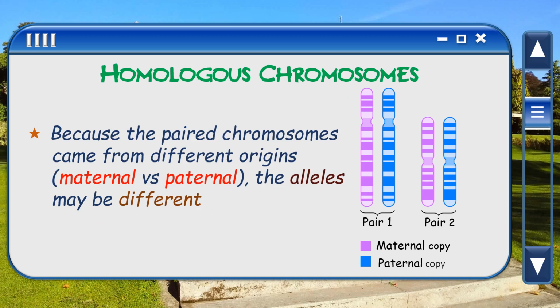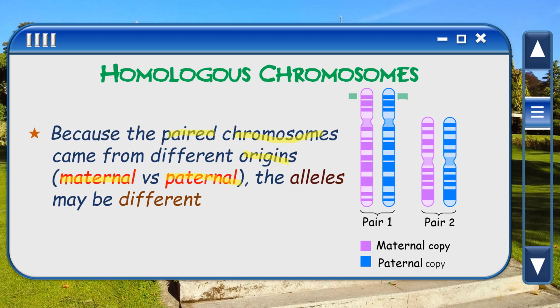Because the paired chromosomes come from different origins, that is maternal versus paternal, the alleles may be different. One chromosome comes from the maternal side, and the other comes from the paternal side.